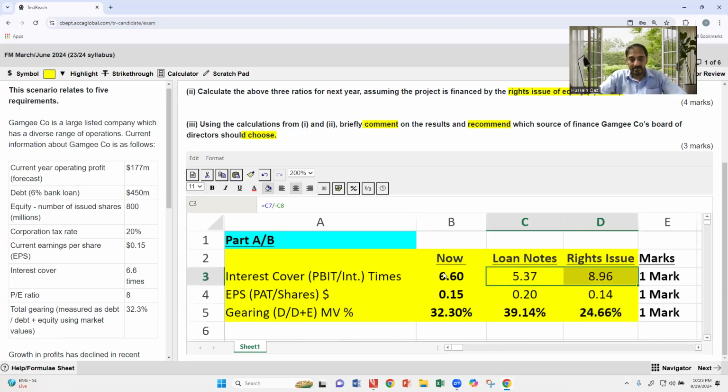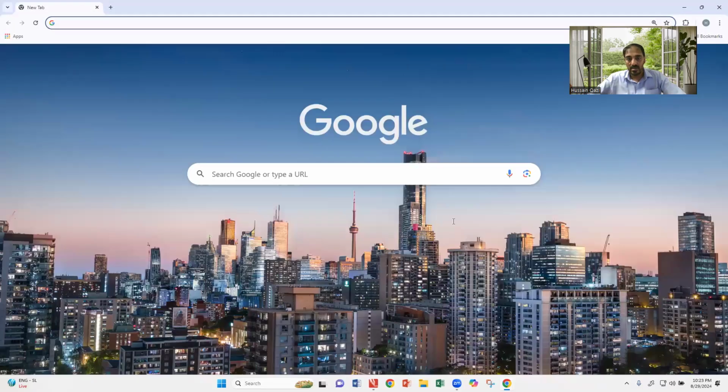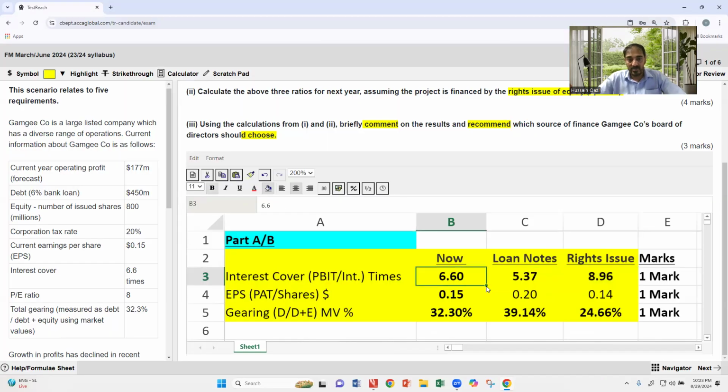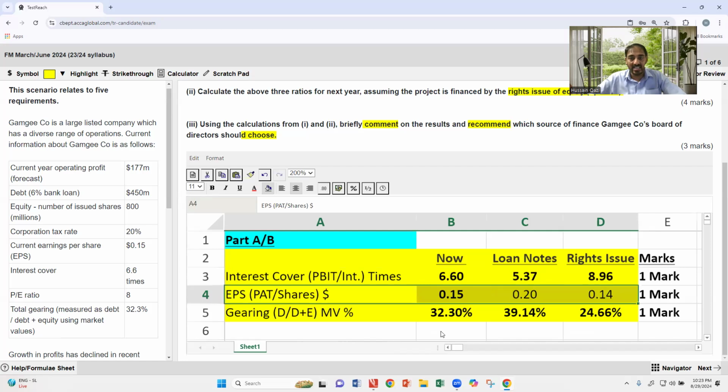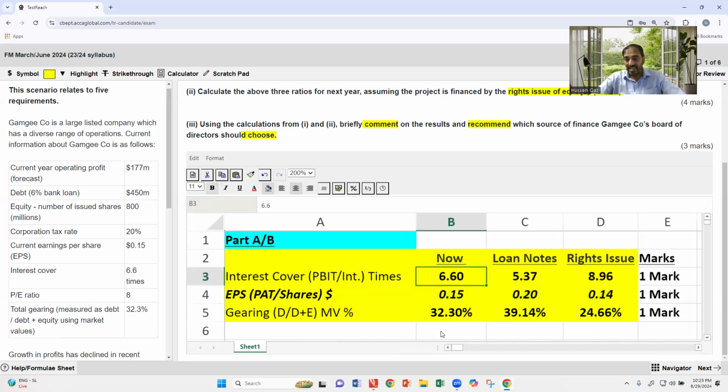But on the other hand, earning per share is about return. Loan notes have higher gearing and lower ability to pay interest, but with the debt finance, the earning per share is higher as compared to the equity finance.